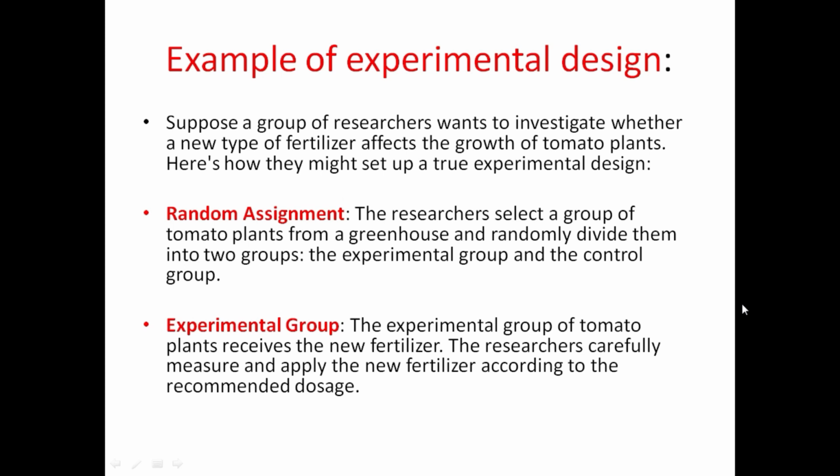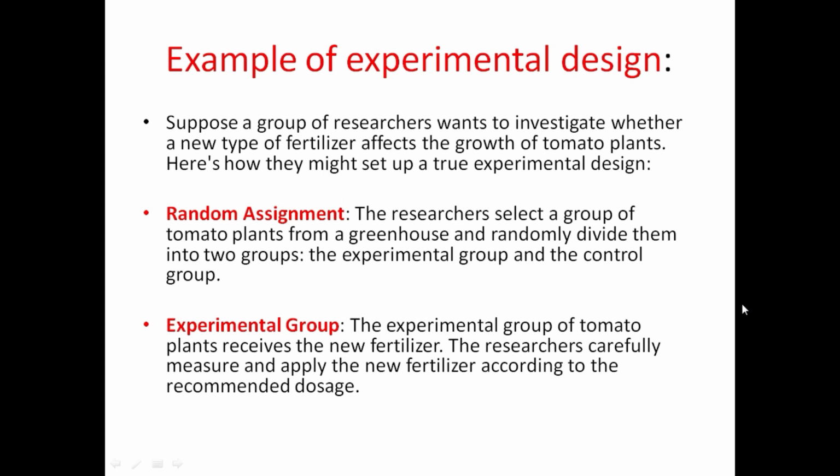They wanted to test how much the new fertilizer affects the growth of the tomato plants. What an experimental research does first is randomly assign the tomato plants into two groups. Random assignment is the first step: randomly taking some tomato plants and dividing them into two groups.